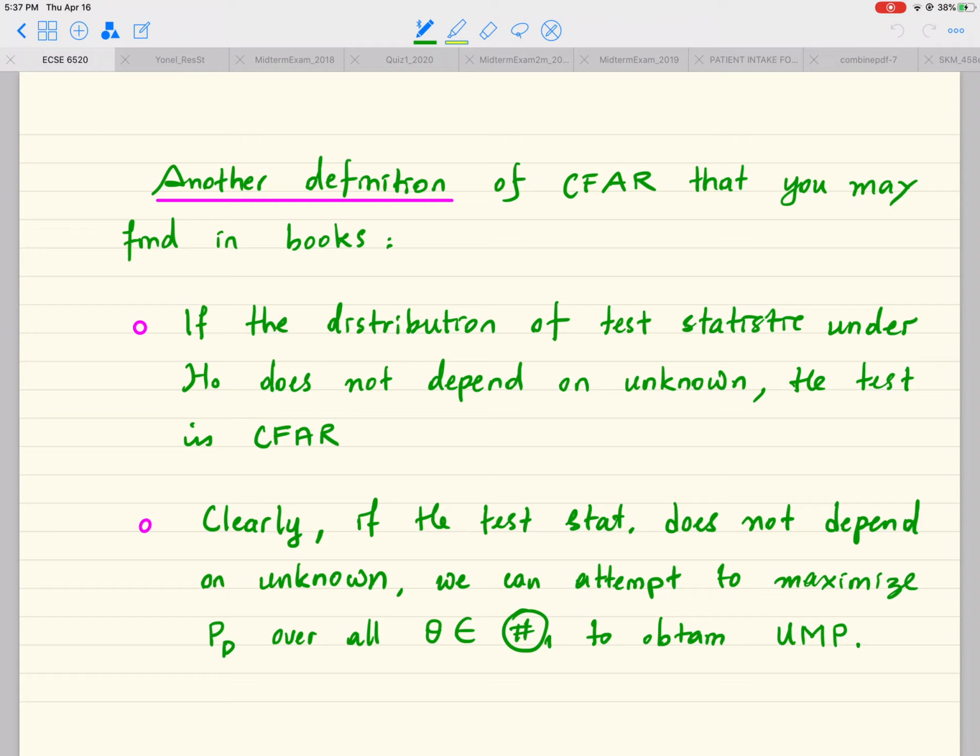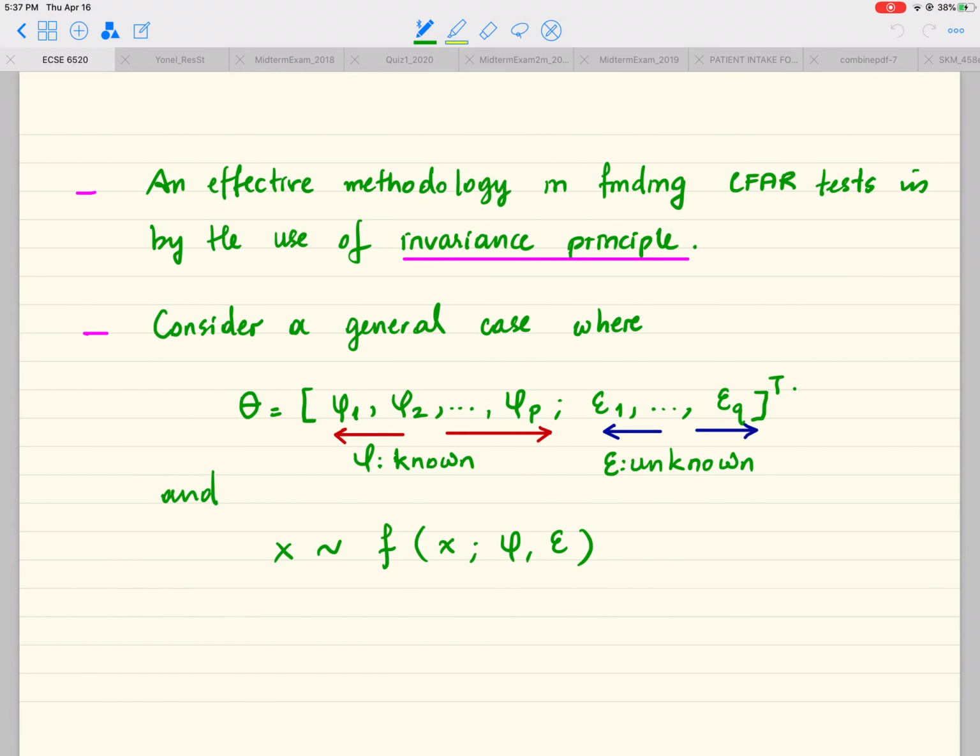So anytime you have a test statistic whose distribution does not depend on the unknown under the null hypothesis, that test is called the constant false alarm rate test or detection. Of course these two are related. Obviously, if our test statistic does not depend on the unknown, we can then set a threshold not only to make this maximum, but also perhaps attempt to maximize with respect to the probability of detection.